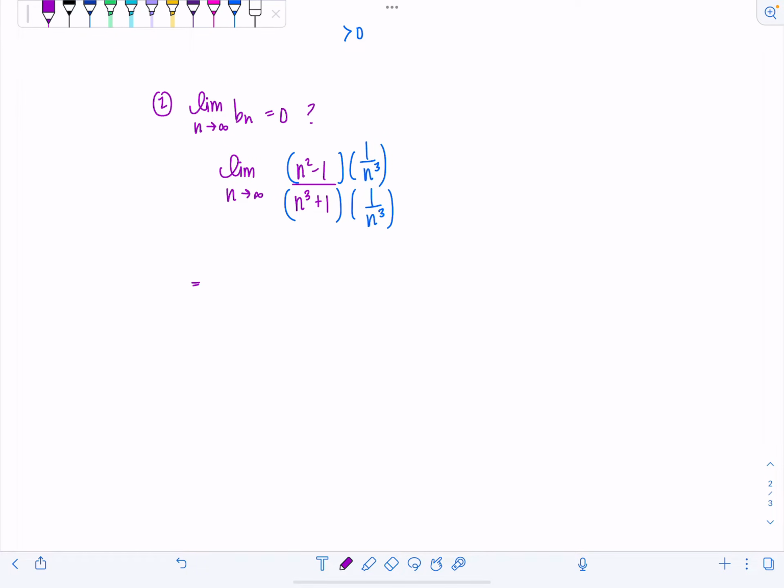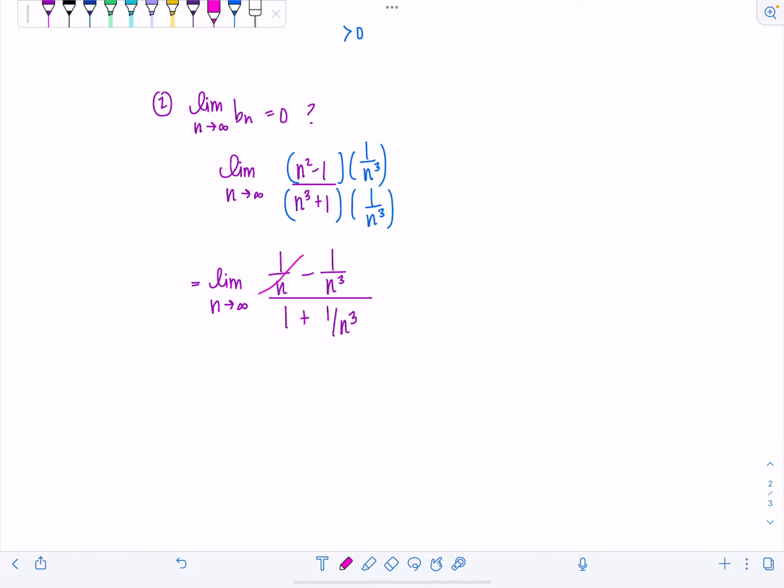So now we've got the limit as n approaches infinity. In the numerator, if I distribute 1 over n cubed, I'm going to have 1 over n minus 1 over n cubed. And then in the denominator, we're going to have 1 plus 1 over n cubed.